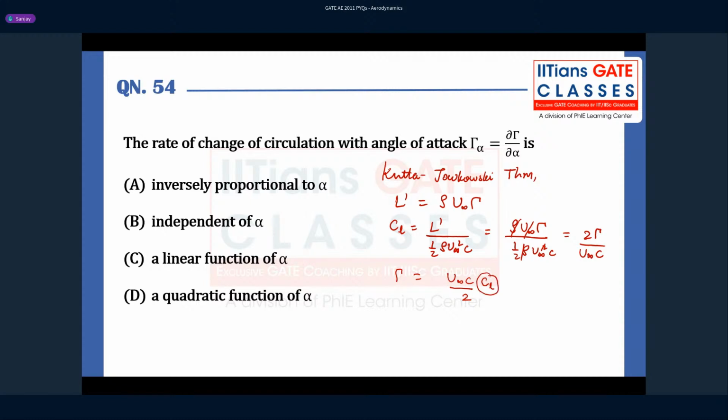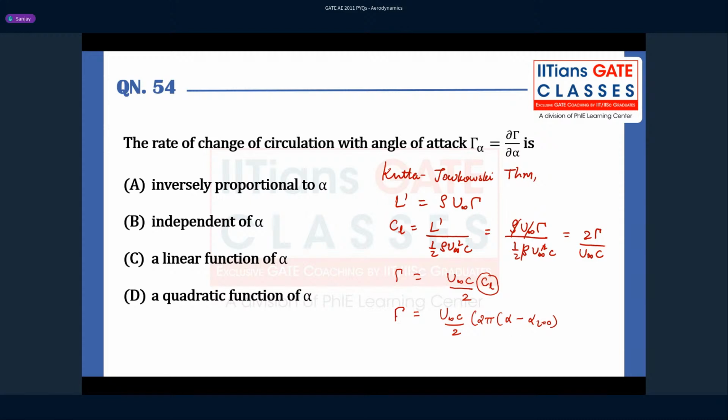Now you can expand CL according to thin airfoil theory, right? So CL is 2 pi into alpha minus alpha L equal to 0, right? So now you have written gamma in terms of alpha.